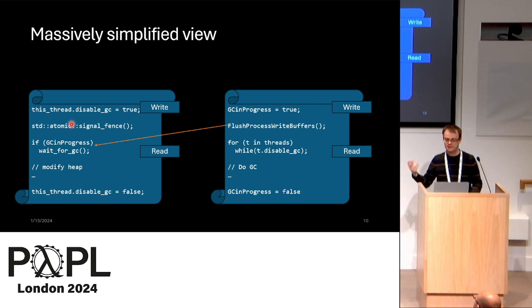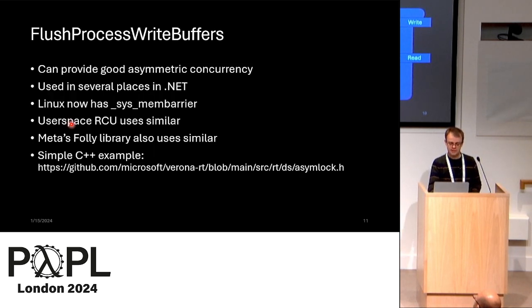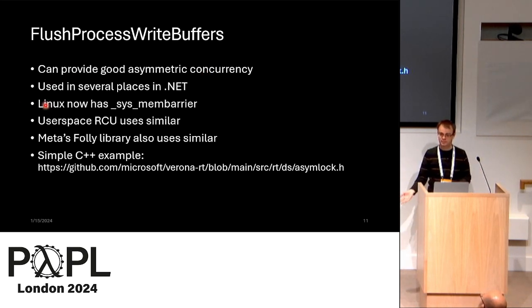We've got this kind of sequential reasoning back with a really expensive instruction in one side and basically nothing on the other side. And this isn't the only place it occurs, so it's used quite a few places in the .NET runtime. So Linux kernel has sys_membarrier now, and that can be used for user space RCU, and Paul's at the back who can probably correct me on anything I say there. You're fine.